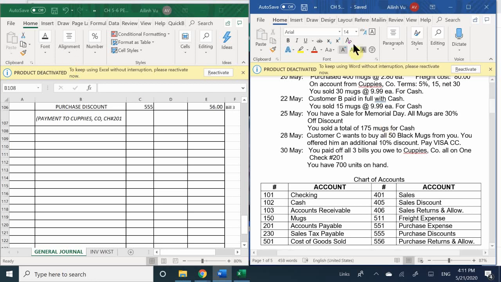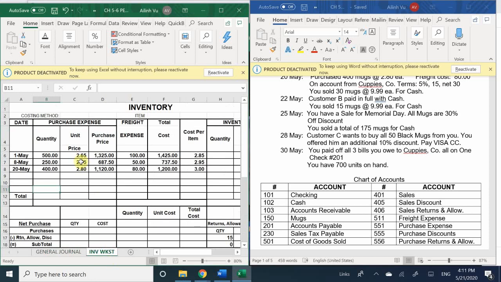So what does that indicate? It means we have 700 mugs left. Exactly. You're going to put the 700 in the inventory on hand left in the quantity. So that means it's time to solve for our ending inventory.